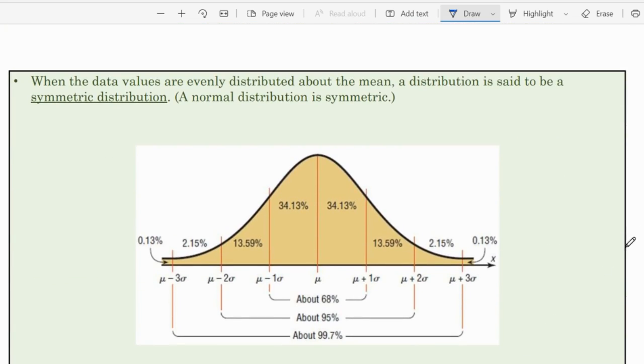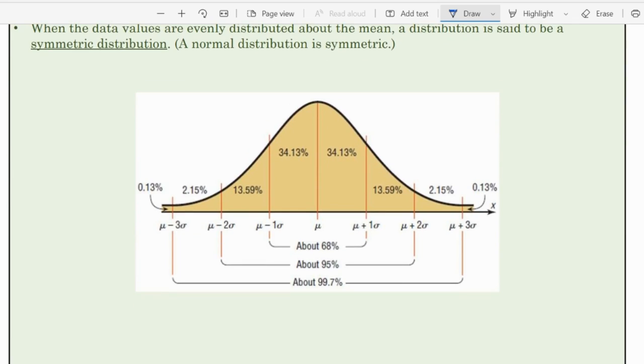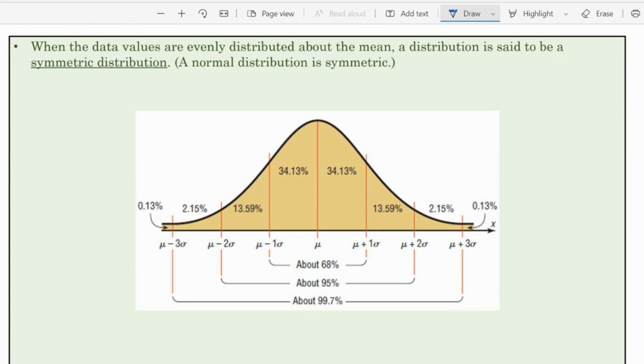Now, when the data values are evenly distributed about the mean, the distribution is said to be a symmetric distribution. So that means whatever is on the right side is a direct copy of whatever is on the left side. Notice in this picture that you've got your 3 percentages along the bottom, 68%, 95%, and 99.7%.